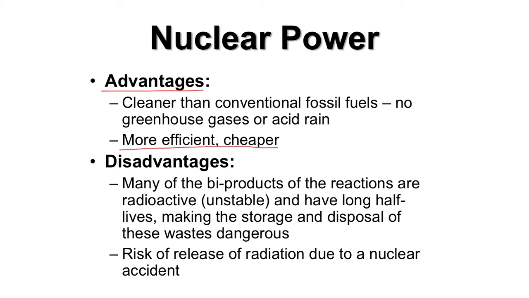And nuclear power can be cleaner than conventional fossil fuels. The main thing that nuclear power emits is the water vapor from the cooling towers. So it doesn't release any greenhouse gases that could lead to global warming, doesn't release any of the gases such as sulfur dioxide that contribute to acid rain.